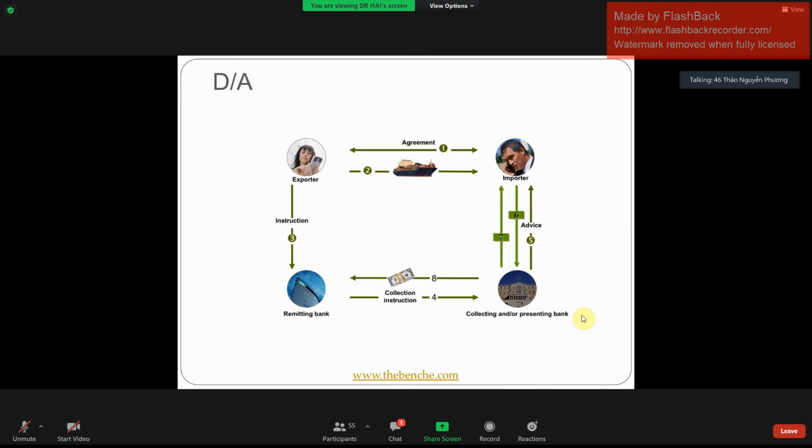I mean that maybe in the documents that the collecting bank presents to the importer, there is something in the sale contract that is not the thing that he wanted, or there is something that is not right as at the time that exporter and importer made a contract, so he refused to sign the bill of exchange. You mean that he or she found out some differences between the documents and the sale contract, right?